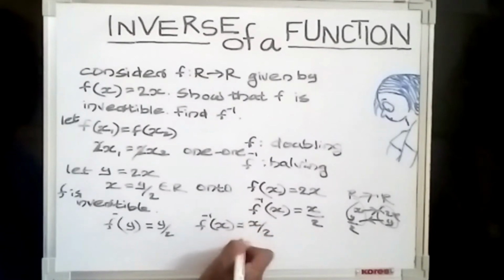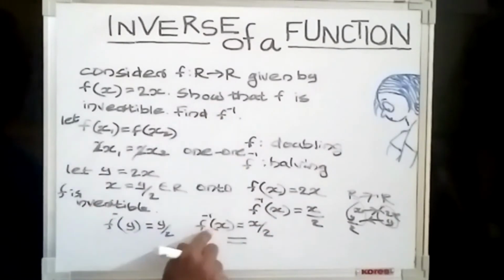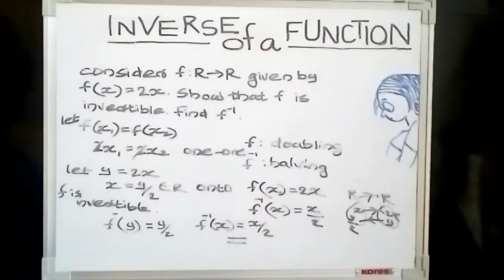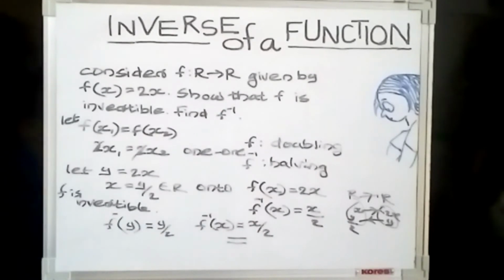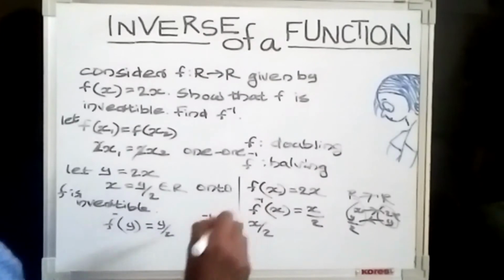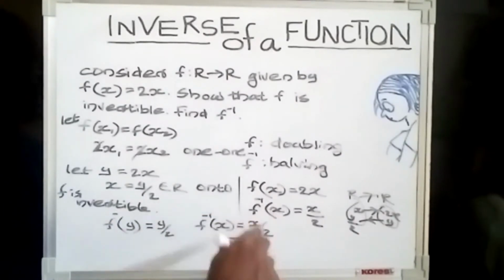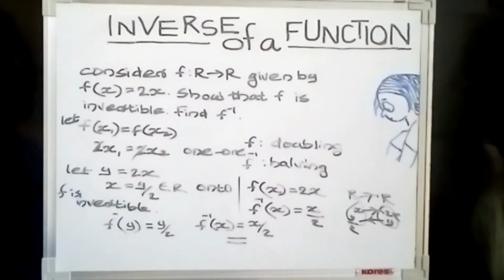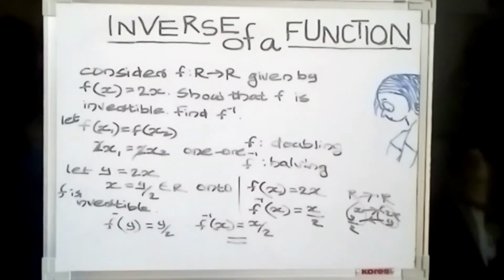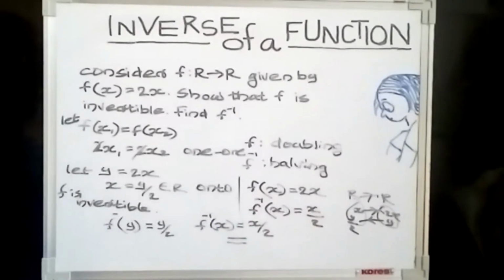It is the inverse of f. We have already written that the inverse of x is x by 2 itself.